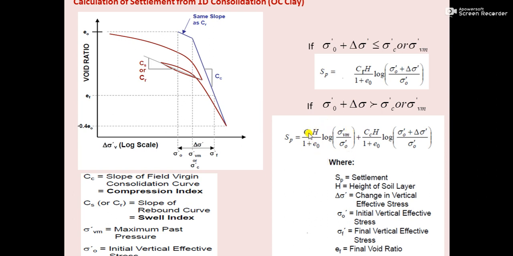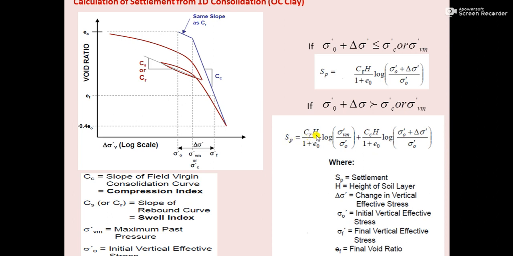Here it is CR into H1 plus E naught log sigma Vm dash by sigma naught dash, because till the sigma Vm point, you should be using the slope of the rebound curve for settlement calculation. Beyond this sigma Vm point, you should be using the compression index for calculation of settlement, and you must be adding these two parts for calculation of this settlement.